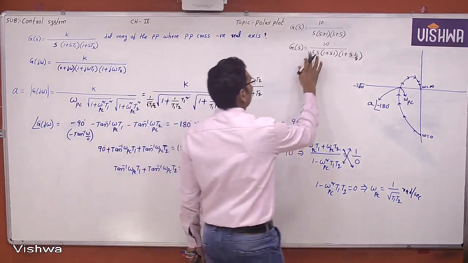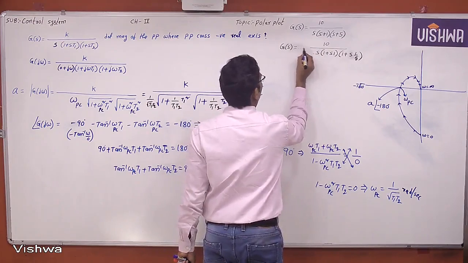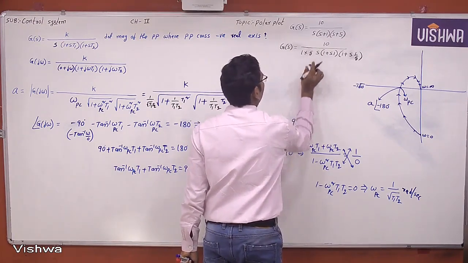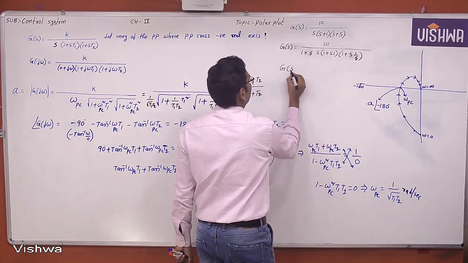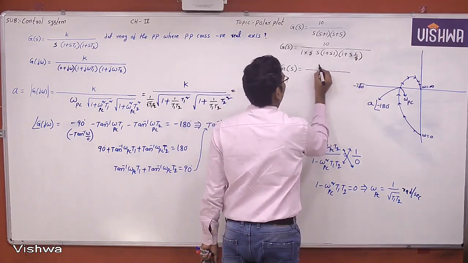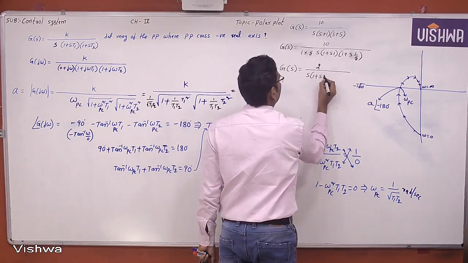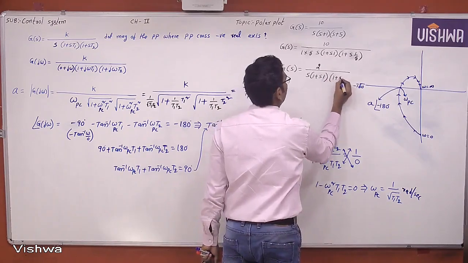Here, take 5 common, therefore G of s equals 2 by s into (1 plus sT1) into (1 plus sT2).